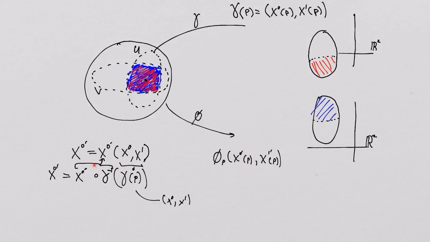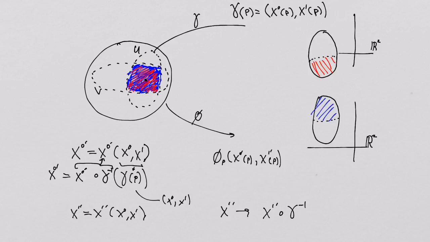And that's where these expressions come in elementary GR. Likewise, the other one, of course, is x1 prime equals x1 prime of x0 and x1. And that, in this case, x1 prime is related to x1 prime, the coordinate function, composed with gamma inverse.